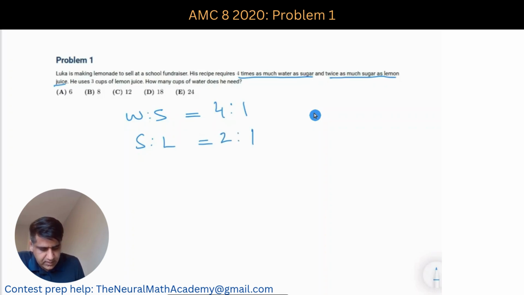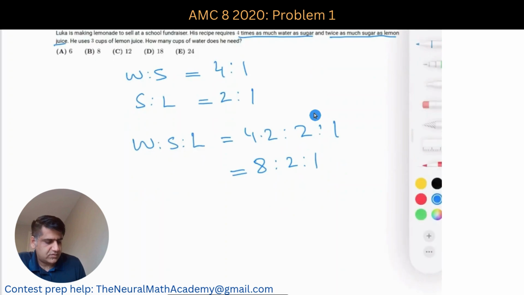In order to write all as one ratio, we multiply the first by 2. So we write 4 times 2, or 8, to 2 to 1.